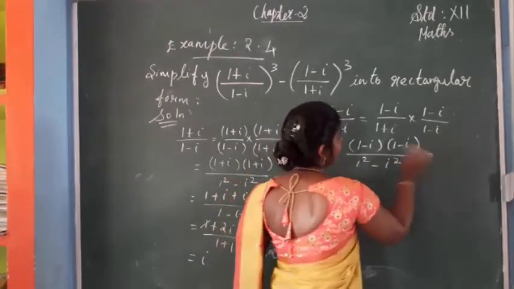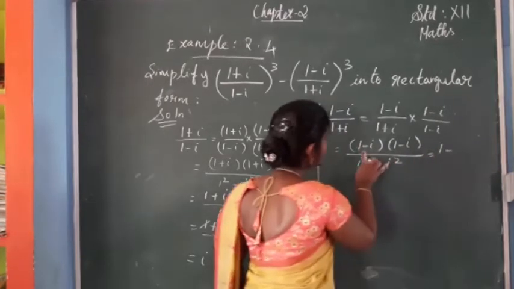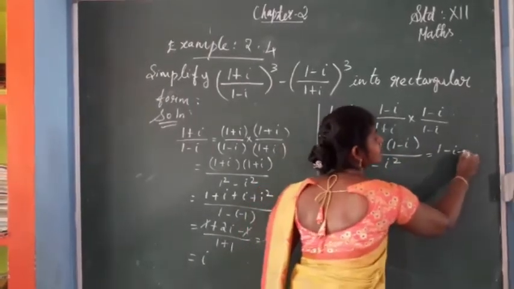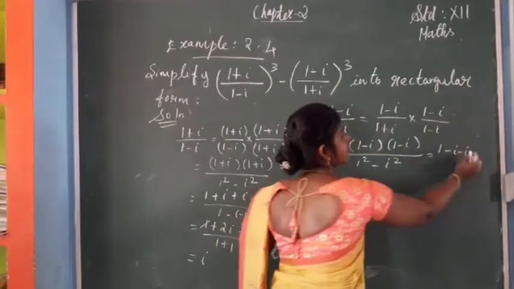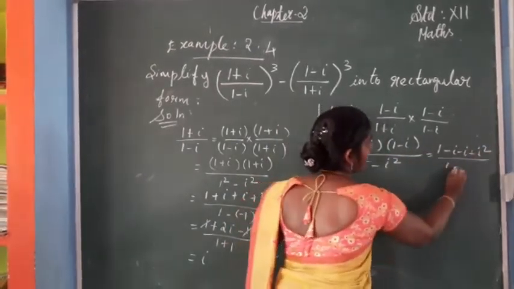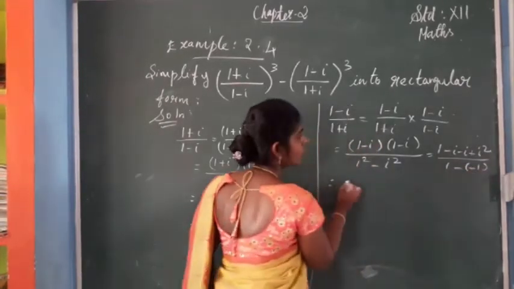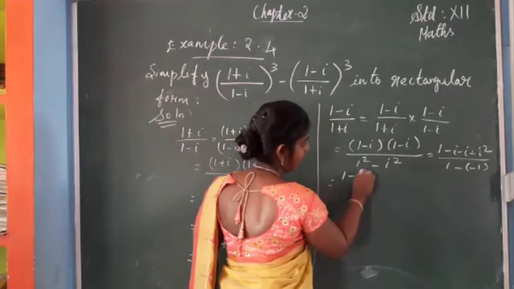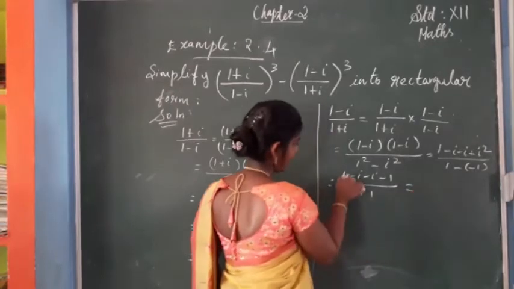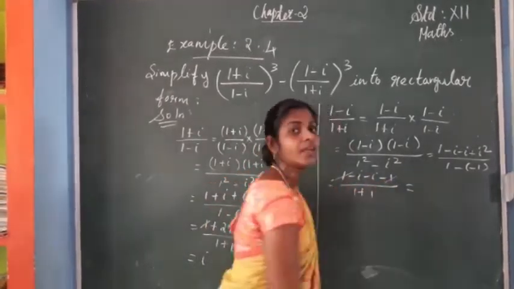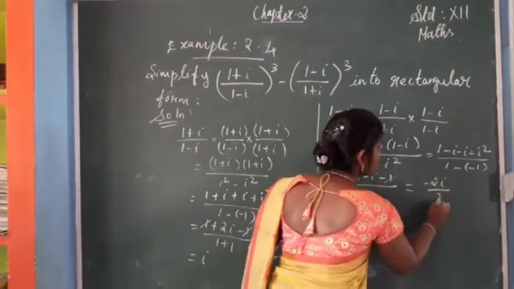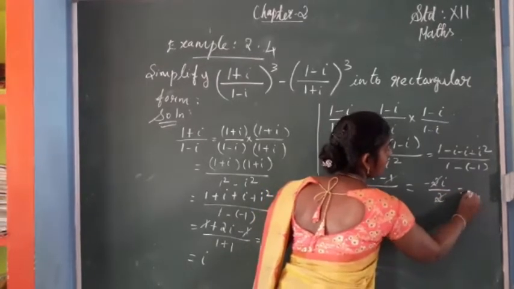Multiply: 1 into 1, then 1 into minus i is minus i, minus i into 1 is minus i, minus into minus, plus i square, divided by 1 minus i square. That's equal to 1 minus 2i minus 1 divided by 1 plus 1, cancel both these values. So minus 2i divided by 2, cancel this 2, that's equal to minus i.